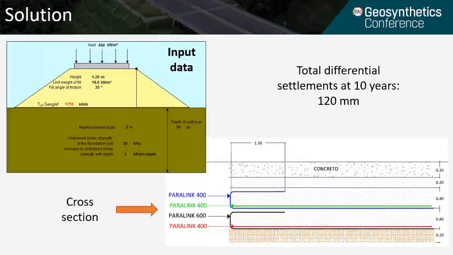This method considers both short and long-term tensile strength of the geogrid. So the resulting ultimate tensile strength already considers all the reduction factors for tensile creep, installation damage, and environmental degradation.